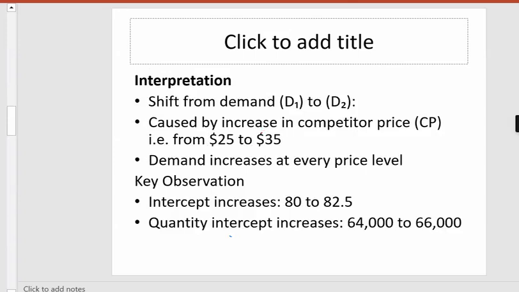Sasa, suppose now 25 was the price of other competitor. You remember? This was the CP. Si mnakumbuka? Suppose your competitor ameongeza bei. From 25 ameongeza bei mpaka kwenda ngapi? 35. Now what should you do?